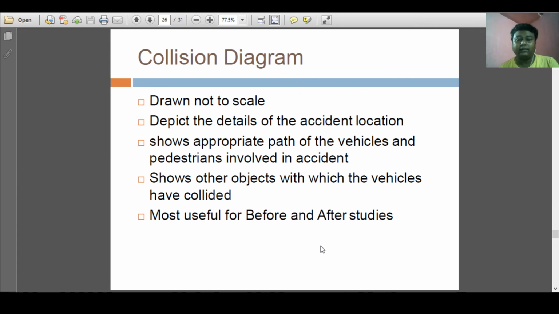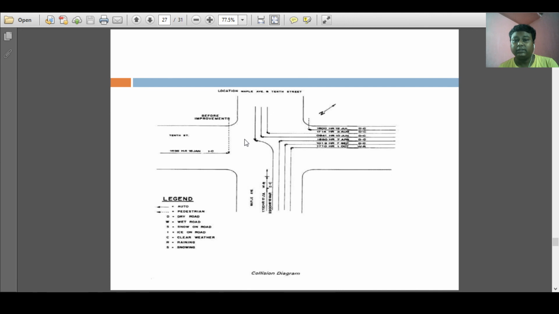It depicts the details of the accident location, shows the approximate paths of the vehicles and pedestrians involved in the accident, shows other objects with which the vehicles have collided, and is most useful for before and after studies. So these are the points to be mentioned in the collision diagram.